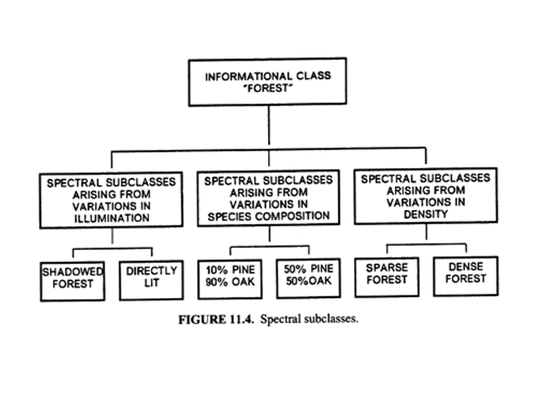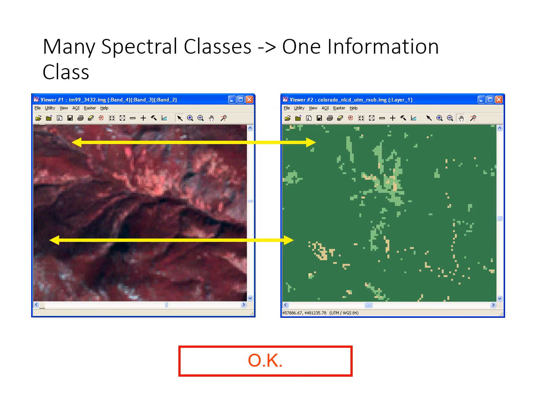So you might have some areas that are sparse forest, some areas that are dense forest. That's the simple situation, because we can just take each one of these classes and recode it to a single output information class. So even if you'd wound up with, say, 6 spectral subclasses of the single information class forest, you could just go through and use a GIS recode operation to get a single output class forest.